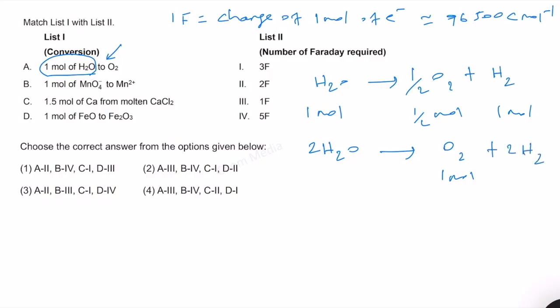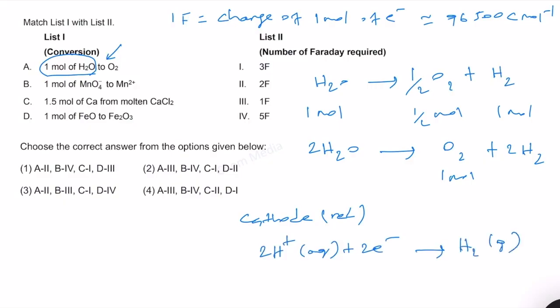In presence of an acid, the half reactions happening are as follows. At the cathode, reduction will be happening. If you have 2 H plus ions, then we get H2 gas. At the anode, oxidation will be happening.